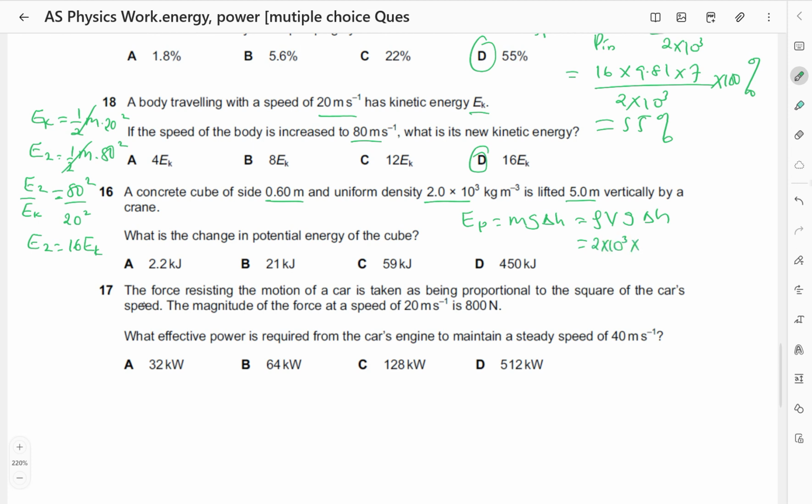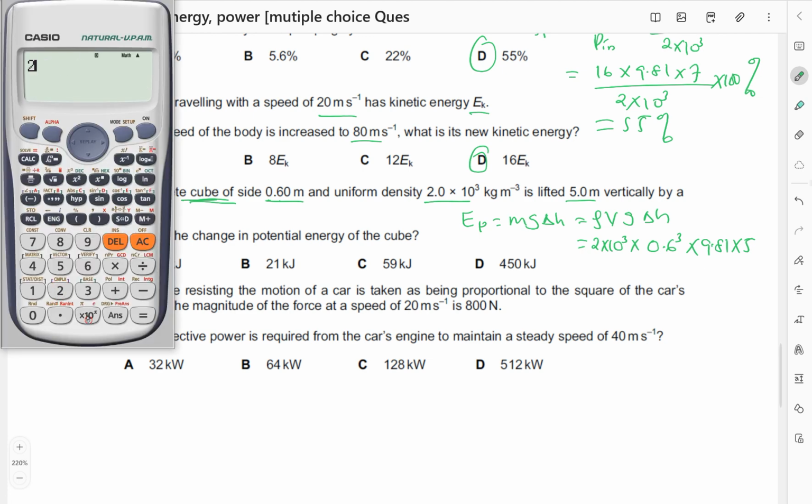Then V, what is V? It is a cube. So V is 0.6 times 0.6 times 0.6, so it will be 0.6 cubed, times G, which is 9.81, then times H, which is 5. Because it is a cube, all sides are equal, so the volume is 0.6 cubed.